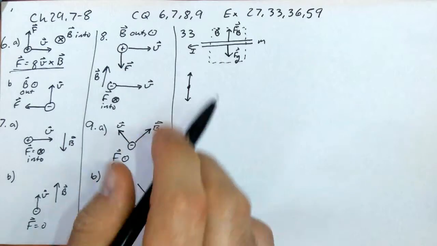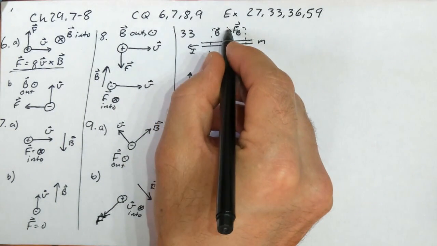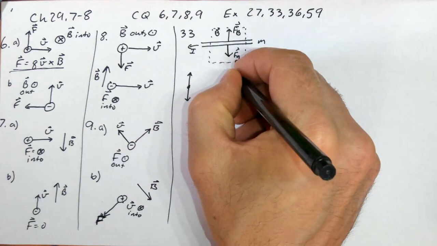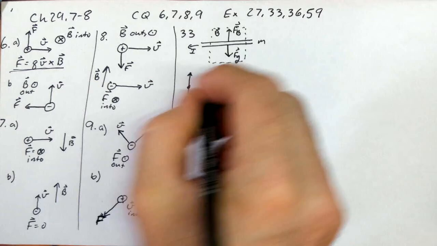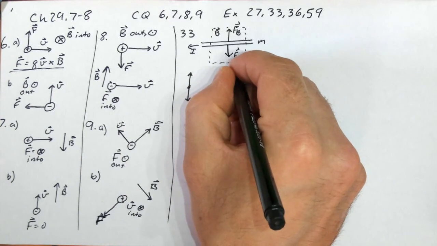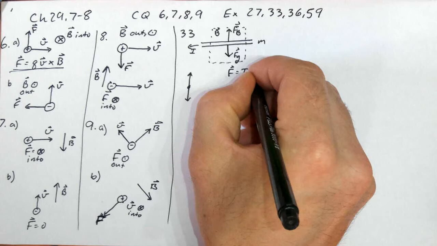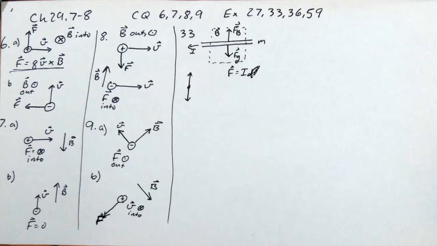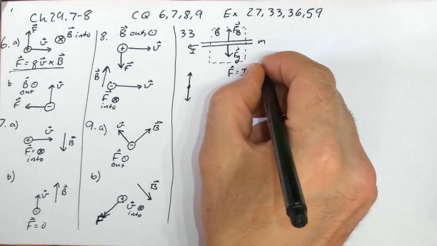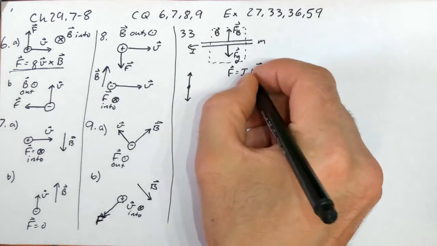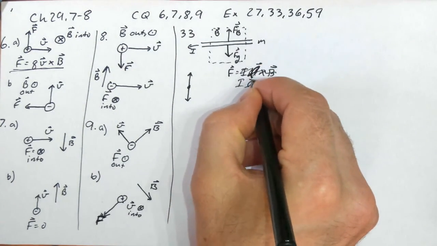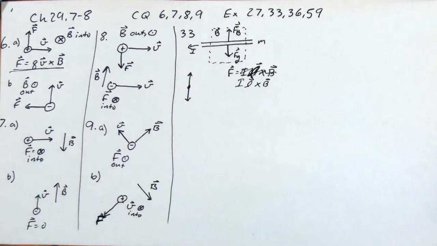Okay. So in order for the magnetic force to be up and the current flowing this way, we have our magnetic force law, but written for currents: F equals the integral of I dl cross B, or I guess we could just use the full length, F equals I L cross B, where L is the length of the wire being affected by the magnetic field.